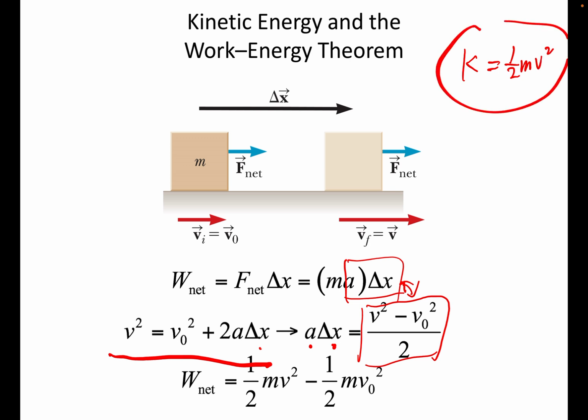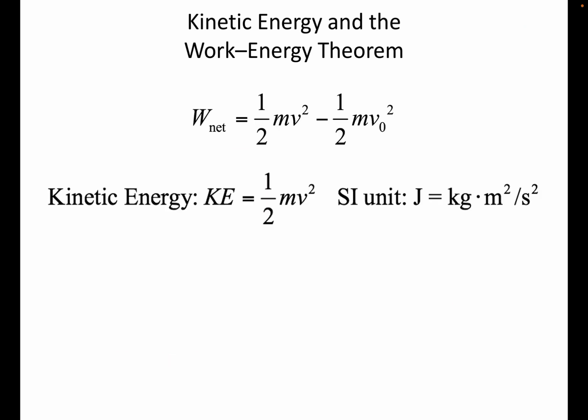So we just proved, in this simple scenario, that the work done on the object equals the change in kinetic energy. This is known as the work-energy theorem. The net work done on an object is equal to the change in the object's kinetic energy, where the change in kinetic energy is due entirely to the object's change in speed.